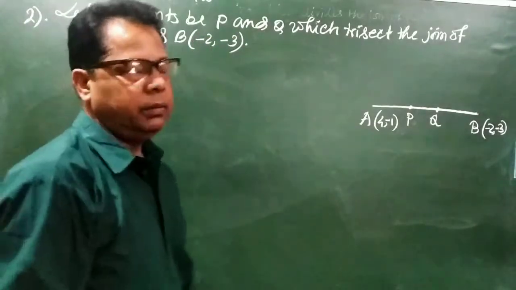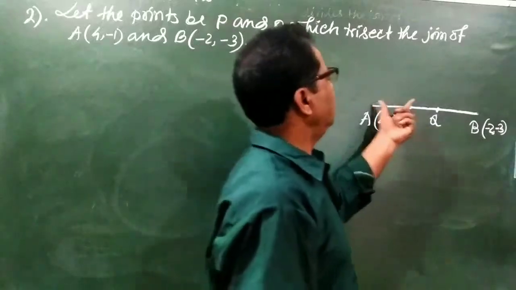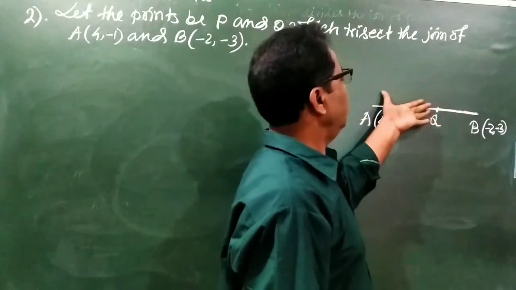Now the ratio will be different here. For P it is 1:2, and for Q it is 2 on this side and 1 on that side.